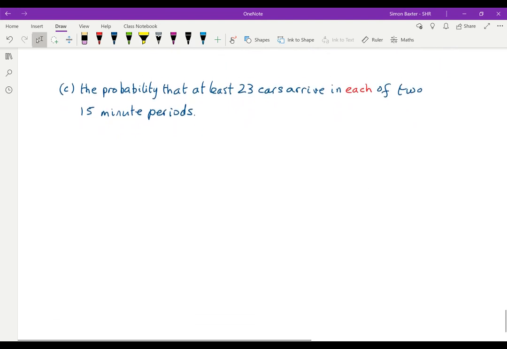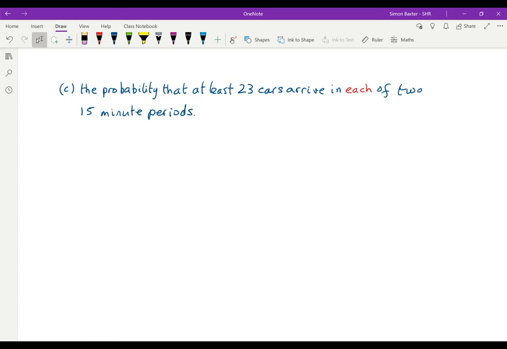And the last part, the probability that at least 23 cars arrive in each of 2 15-minute periods. Well, how are we going to do that?